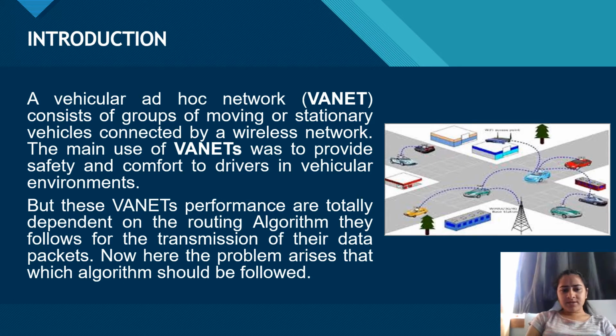But these Vanets' performance is totally dependent on the routing algorithm. They follow the transmission of the data packets. Now here the problem arises: which algorithm should be followed? I will show you the diagram.